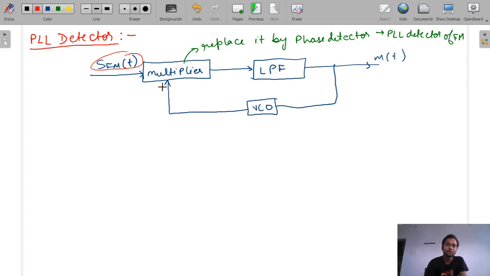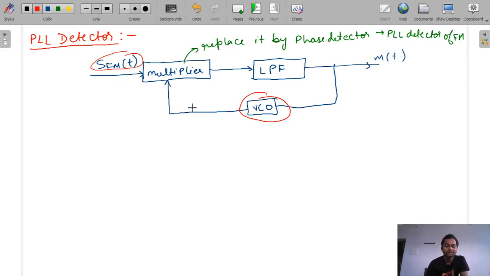Here we are using a voltage control oscillator instead of a local oscillator because we need to synchronize the frequency of the message signal and the FM signal. So the frequency at the voltage control oscillator output varies according to the message signal amplitude. So amplitude के हिसाब से voltage control oscillator frequency को vary करता है और it synchronizes, and that synchronized frequency will be maintained with respect to the FM signal to be demodulated.